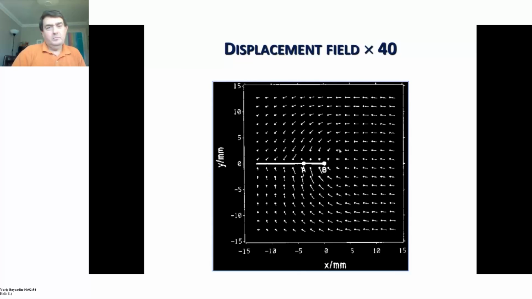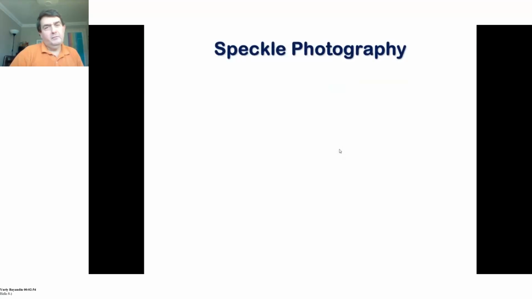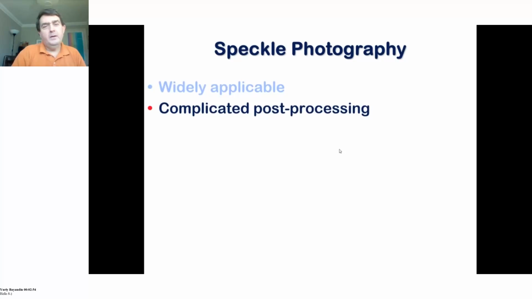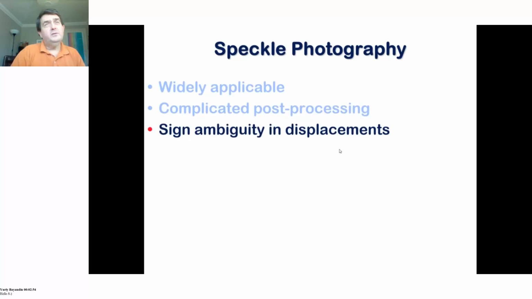Now, you can think about speckle photography. It's widely applicable, so you can do it on many surfaces. It's quite complicated post-processing. And you don't know which direction the motion is, you just know its magnitude. You know the direction and you know the magnitude, but you do not know whether it's a positive or negative displacement.